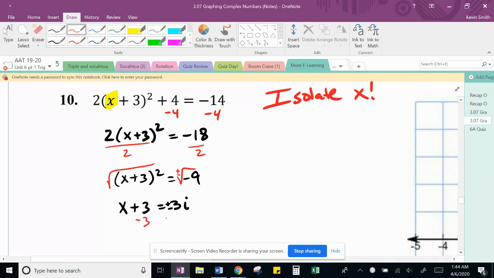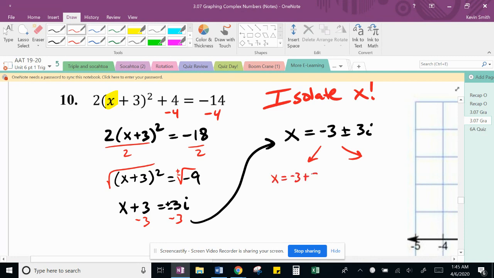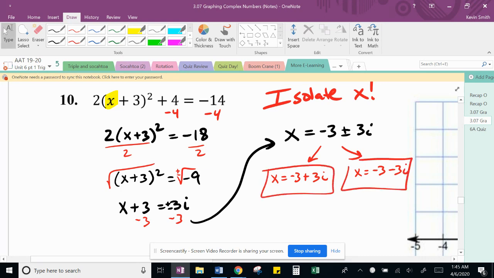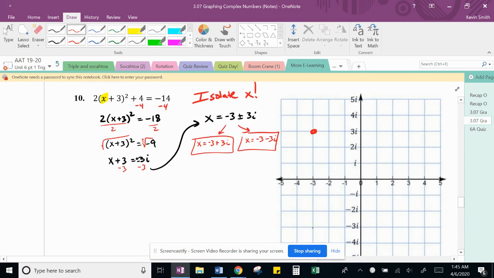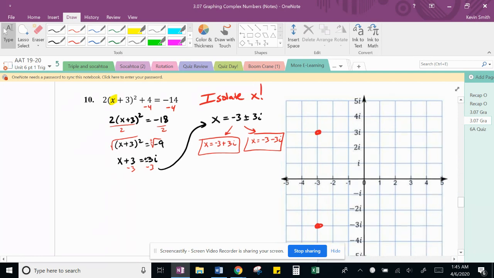And then we're going to subtract 3, and we get x equals negative 3 plus or minus 3i, which again, our 2 solutions are x equals negative 3 plus 3i, and x equals negative 3 minus 3i. And those are the 2 solutions that we're going to go ahead and plot. Negative 3 plus 3i, negative 3 minus 3i.